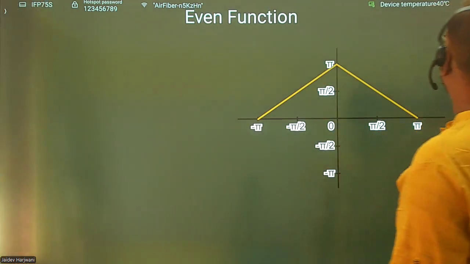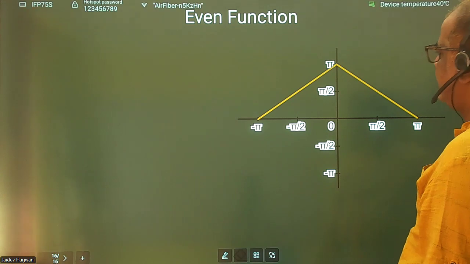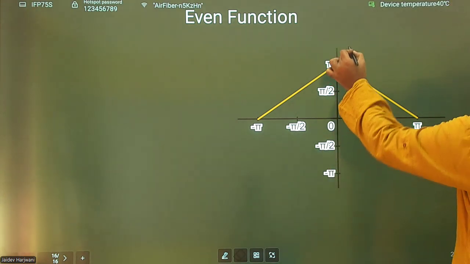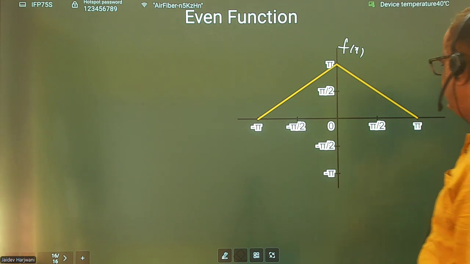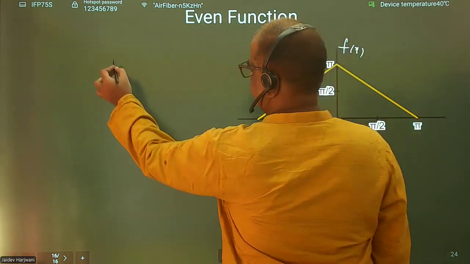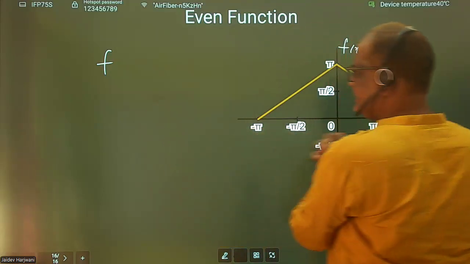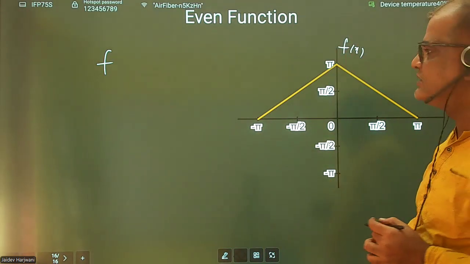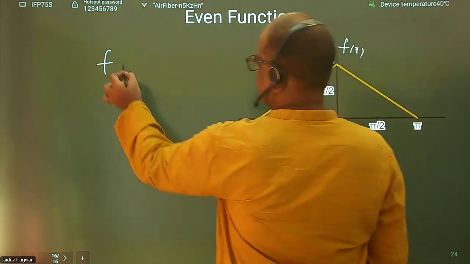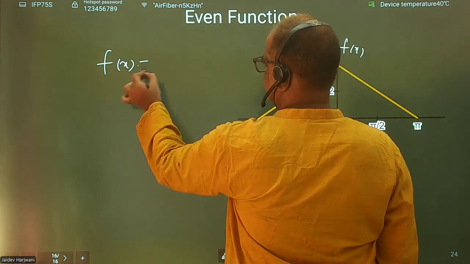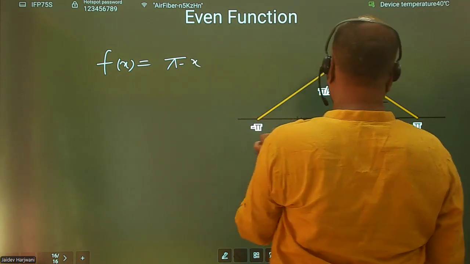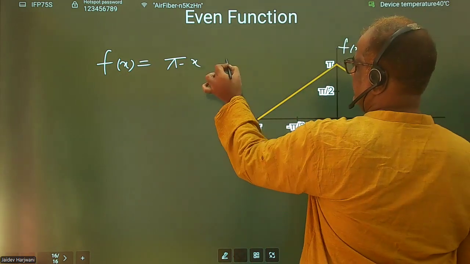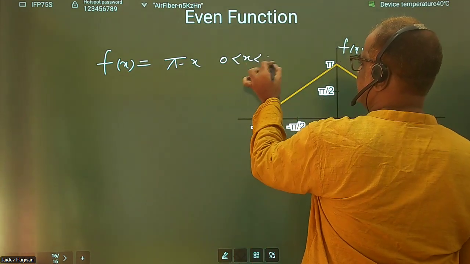Okay, if I go to the next function, say this is my f of x, and the interval, for all the functions I'm showing, is minus pi to pi. So this function I can represent as f of x is equal to pi minus x in the interval 0 to pi.